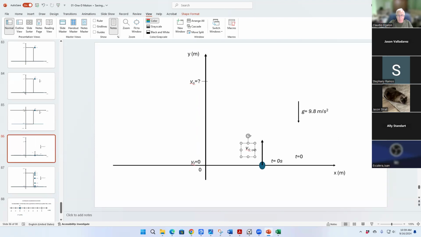I'm going to put an exclamation point here, so it's clear that we do know the value of V0. V0 right in here. Okay, V0.